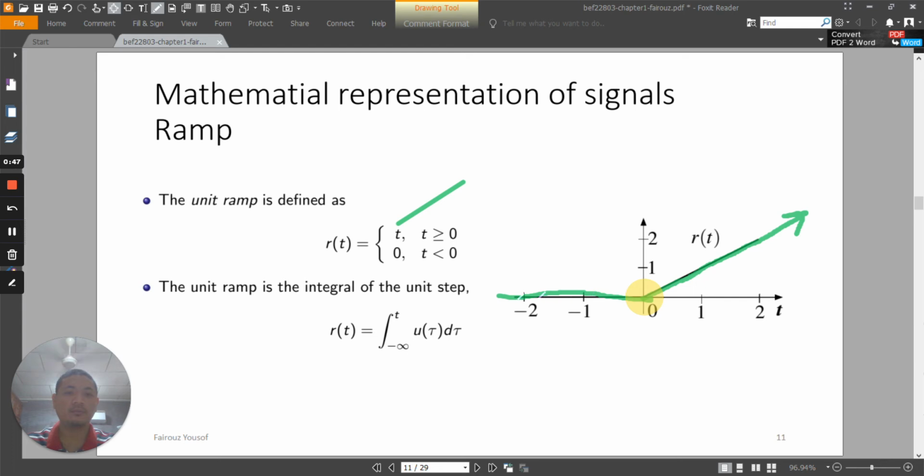For t less than 0, r(t) is 0. So this is the unit ramp. And also the unit ramp is the integral of the unit step. Okay, never mind, we don't use this.